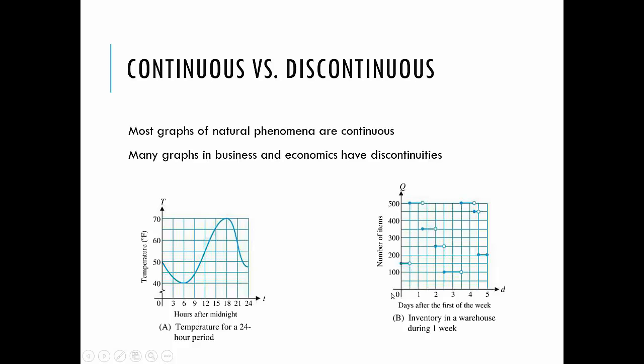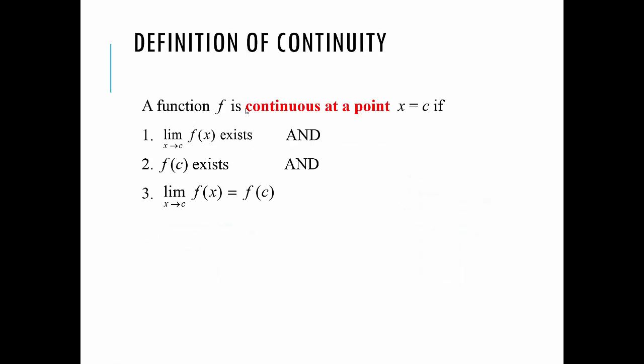Most graphs of natural phenomena are continuous. However, a lot of them in business and economics are going to be piecewise functions or step functions with discontinuities, so we need to be able to figure out what to do with these. A function is continuous at a point if the limit exists and if the value at that point exists and they're equal.